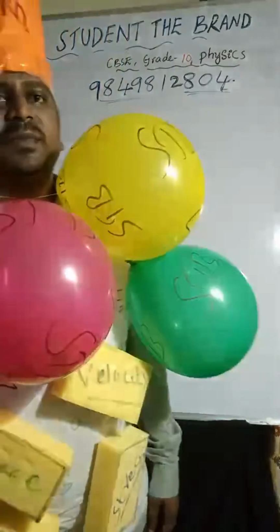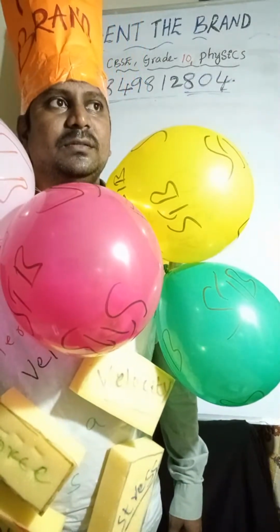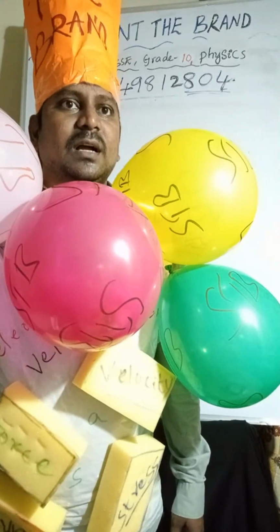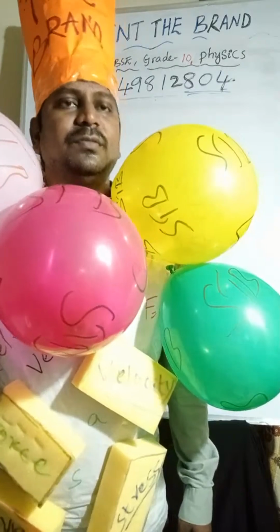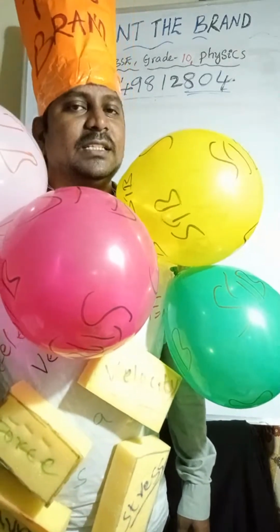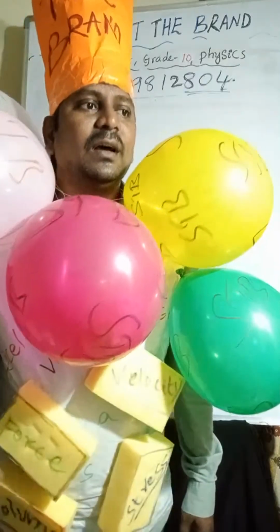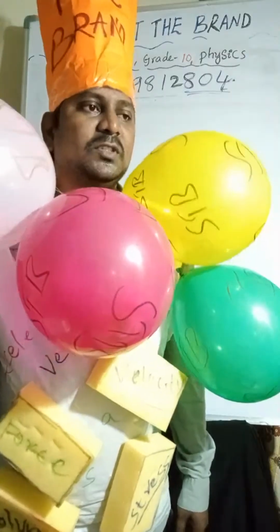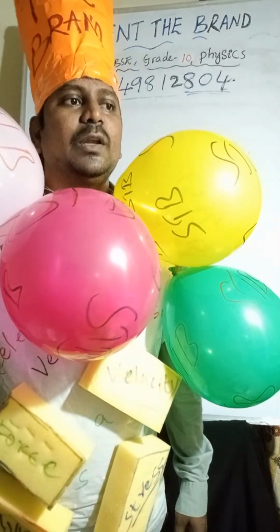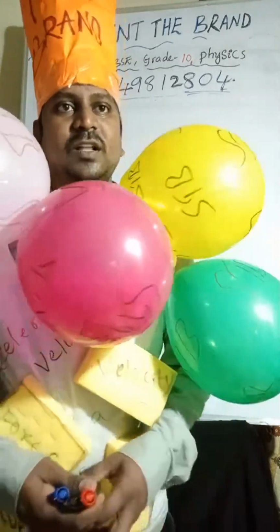Next, spherical mirrors: the ray rules for concave and convex mirrors, the ray rules for image formation, and the image formations of convex and concave mirrors. After that, sign conventions, and then lenses and refraction of light. We will discuss all those points.